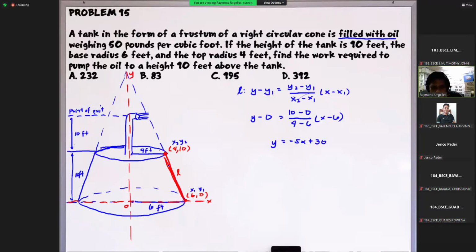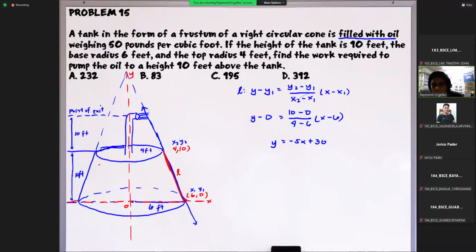This line extends even above the frustum, so the equation of our line extends above the frustum. So we can use it here, but more importantly, we can use it on the line itself. Any questions so far on our solution? Okay, so what is our next step?